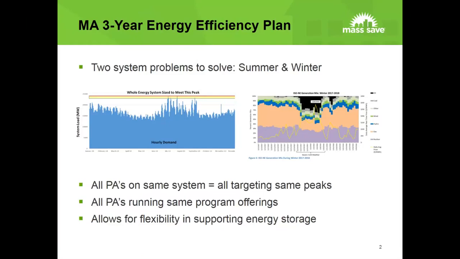So the big black blob there is actually oil coming online for generation for those few cold days, and that generally coincides with very high electrical prices as well. So we wanted to design some programs that can help address those high price, very dirty generation hours during the winter as well, not just the summer.